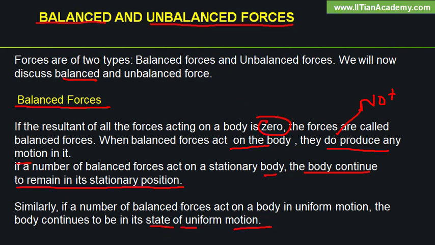Here we are basically studying the two types of forces. So what we are saying, there are two types of forces: balanced force and unbalanced force. So for example, if this is a body, and there is a force like this, force 5 Newton.